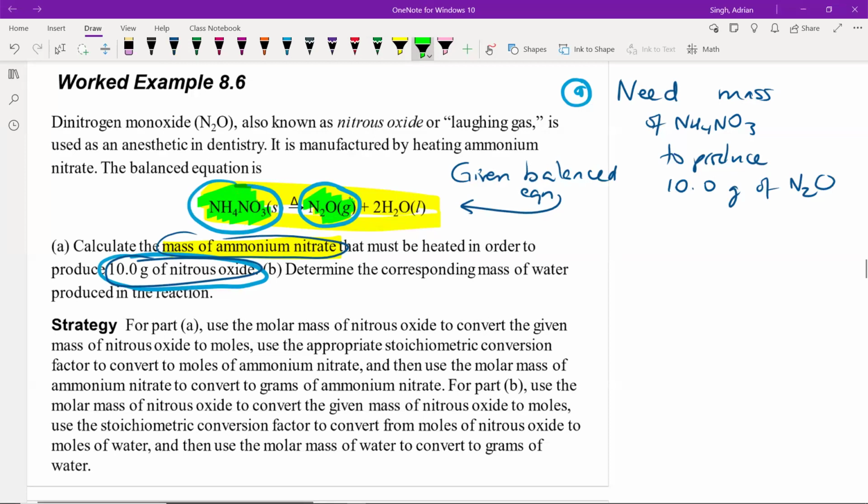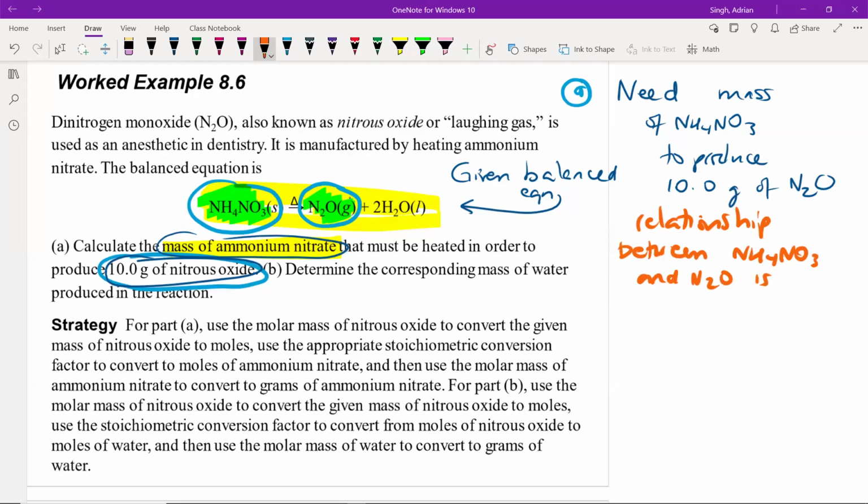And the only relationship between them that we're provided with, between the NH4NO3 and the N2O, is from the equation. Specifically, it's the mole-to-mole ratio, and that's what we get from any balanced equation.